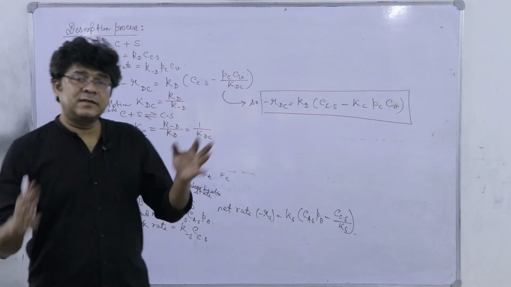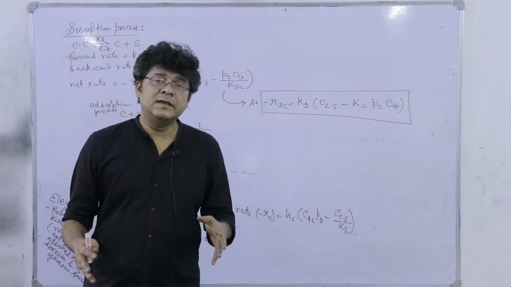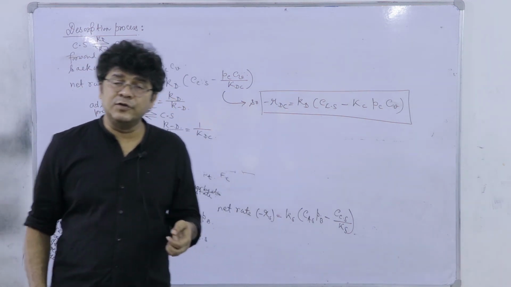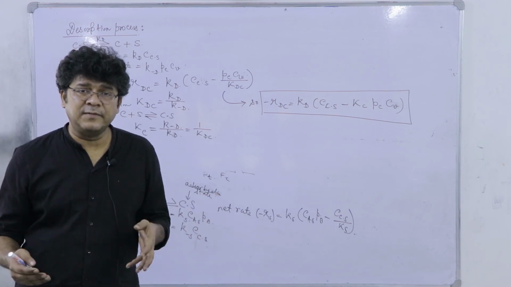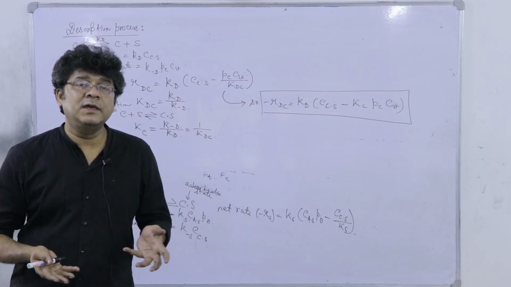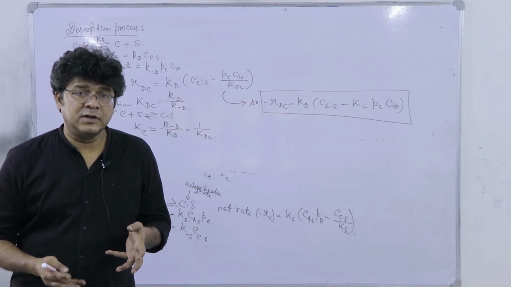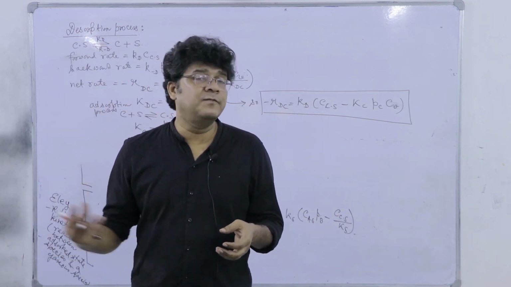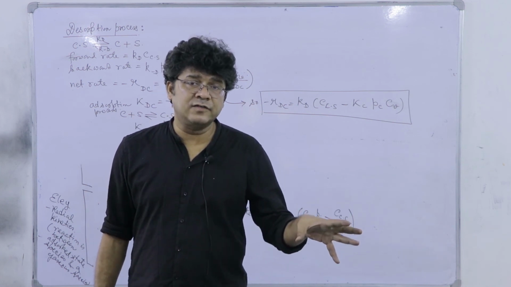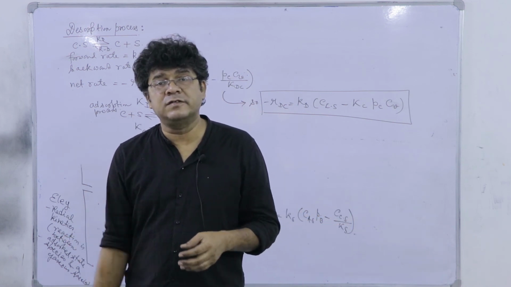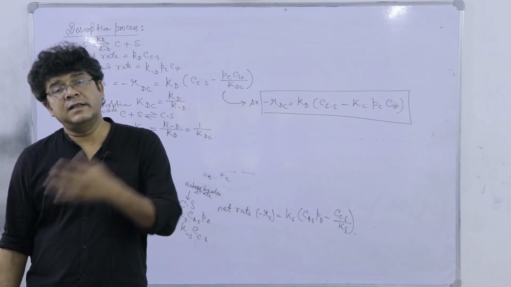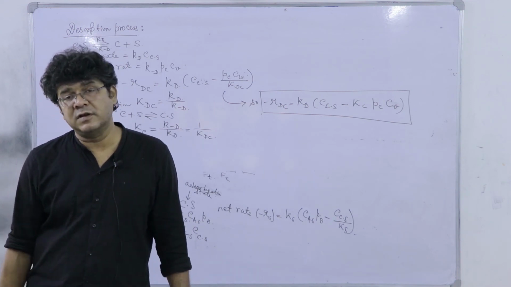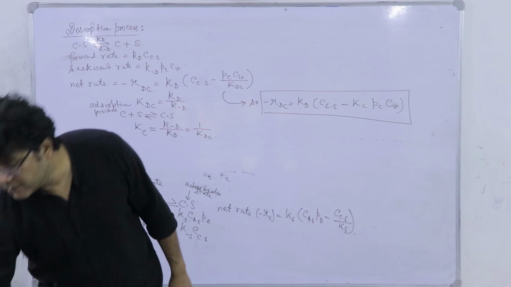In the next session we will see that if adsorption is rate controlling, what will be the observed rate expression for a specific reaction, and how we can test and confirm whether a reaction is adsorption controlled, surface reaction controlled or desorption controlled. So, that is all for this session. Thank you.